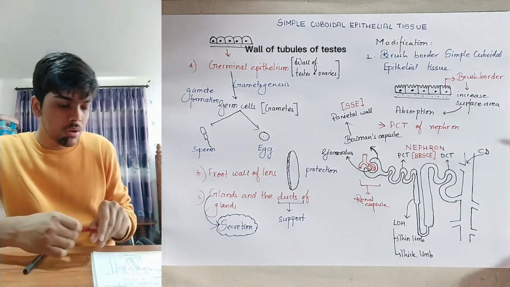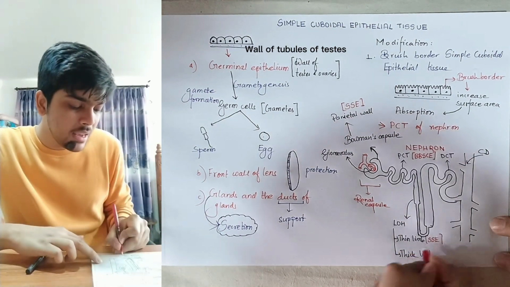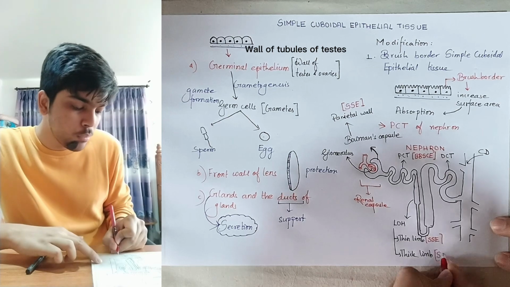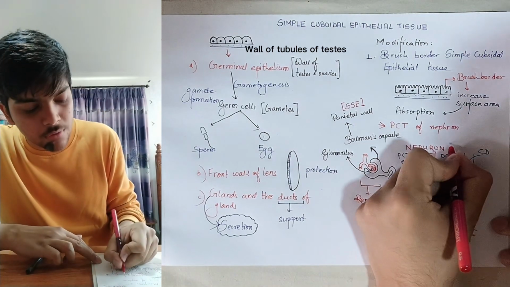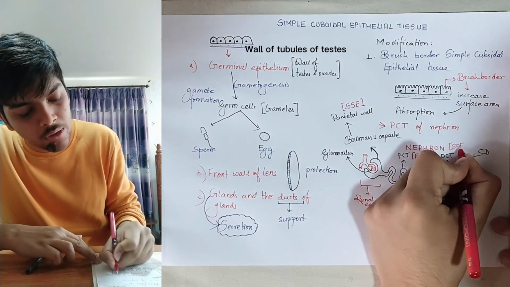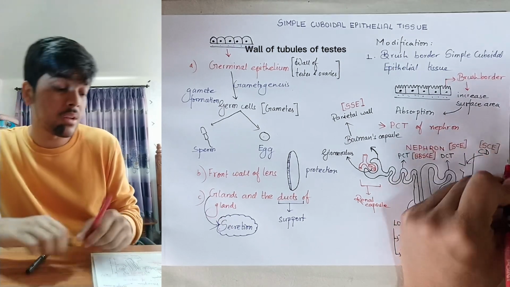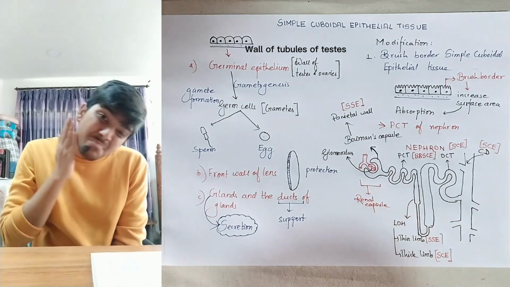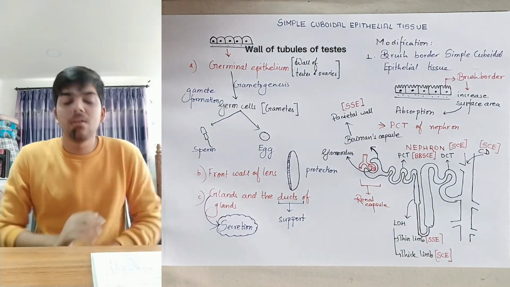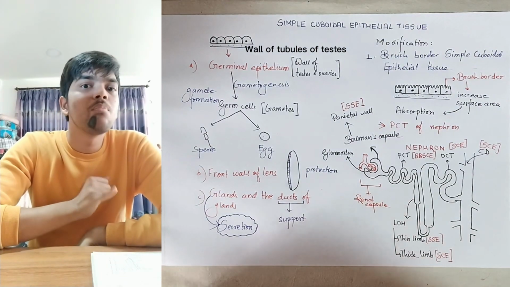The thin limb consists of simple squamous epithelium, and the thick limb consists of simple cuboidal epithelium. Distal convoluted tubule consists of simple cuboidal epithelium, so does the collecting duct. Now you might be wondering, oh my god, there are so many parts and so many epithelial tissues to be remembered for a simple nephron. No need to worry. It's really simple to understand if you get the concept properly.